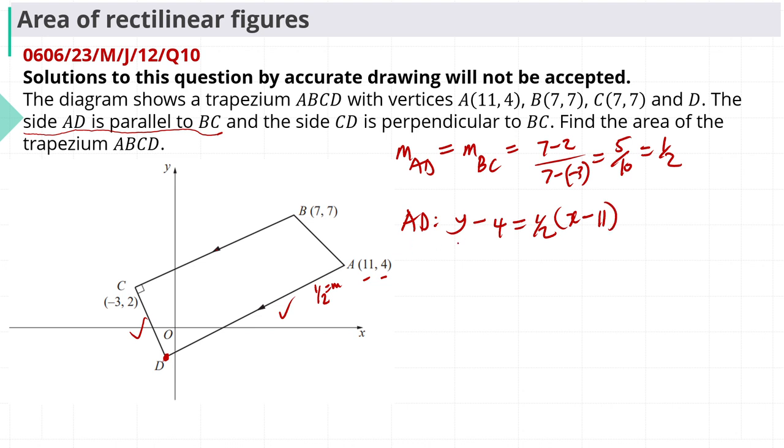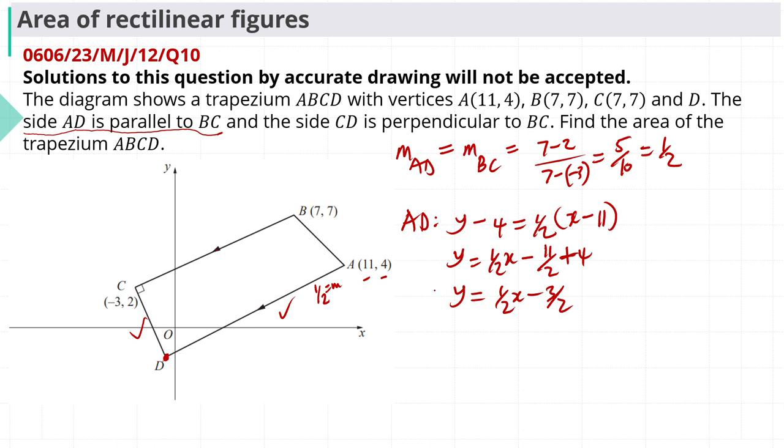Working this out, y equals half x minus 11 divided by 2, adding 4 to both sides, you have the equation of line AD to be y equals half x minus 3 out of 2.